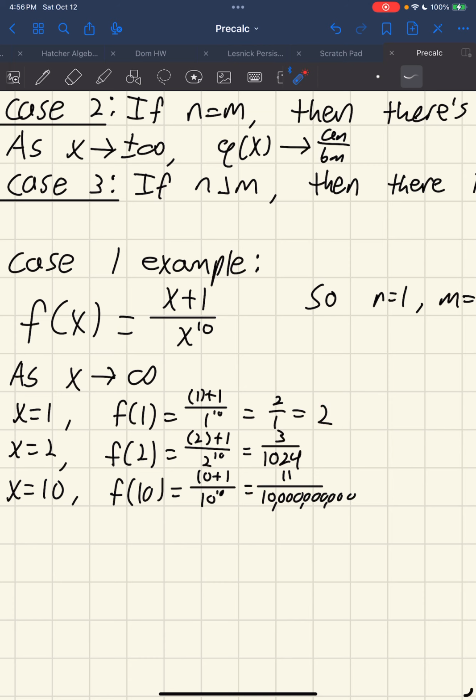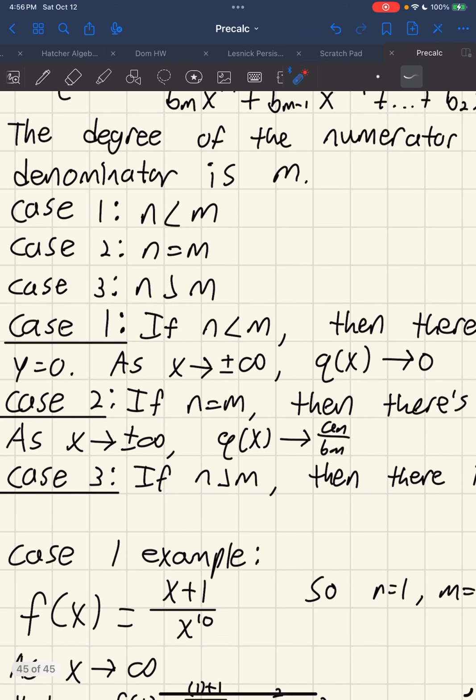But even if it was just x to the 1 plus 1 over x squared, let's say, instead of x to the 10, this will happen anyways. Maybe not nearly as quickly, but x is going to infinity. At some point, this will happen, and the whole thing will just get significantly smaller and smaller.